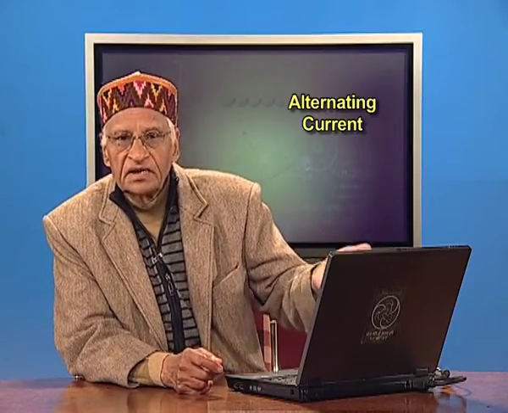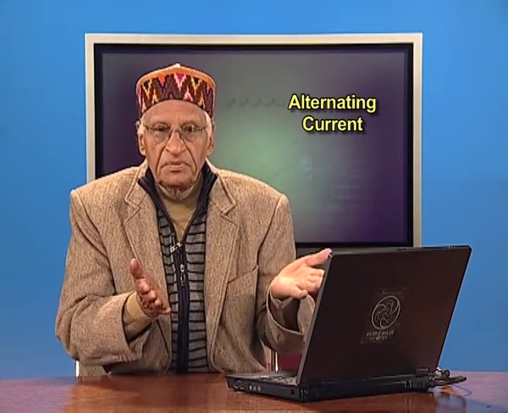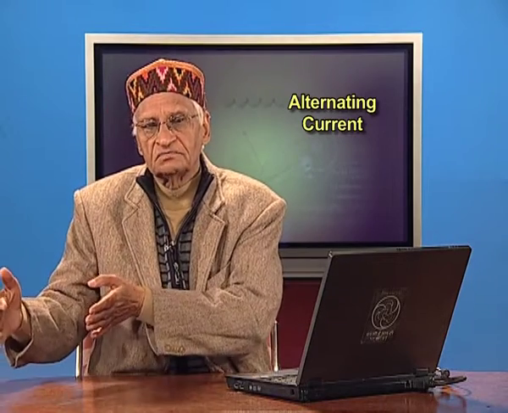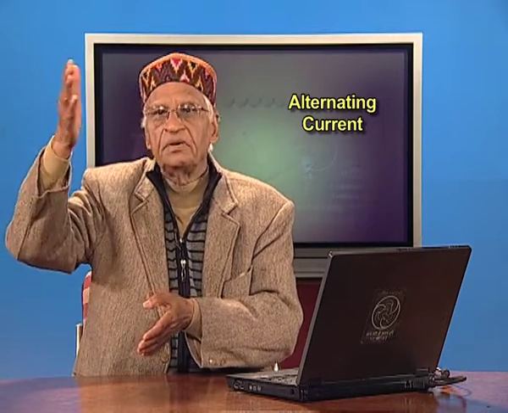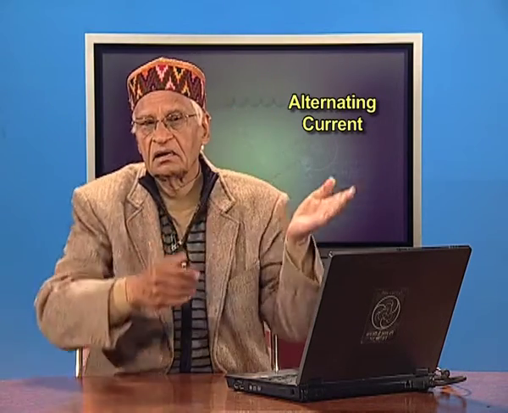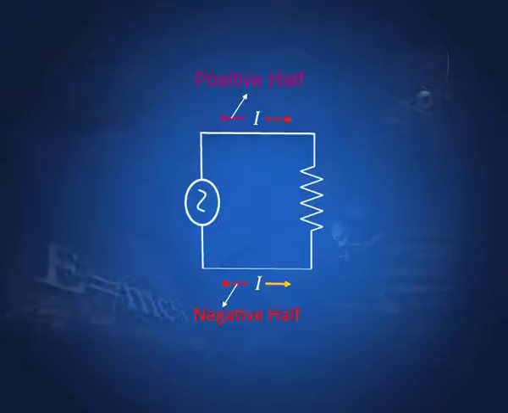And why do we use AC? As I have explained earlier also, AC is something that can be stepped up in voltage or stepped down in voltage. So, at the power stations, if we generate AC, then it can be stepped up and transmitted, as we shall learn how to transmit the electricity from power station to the consumer.